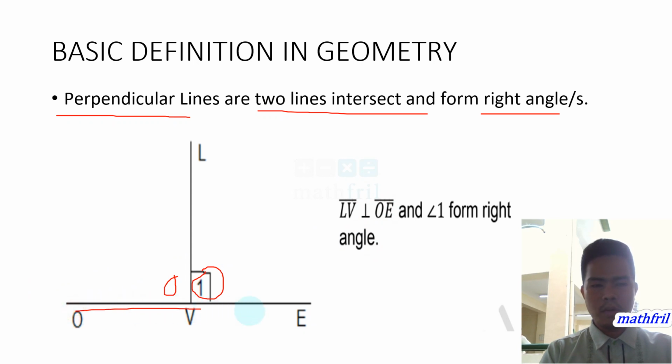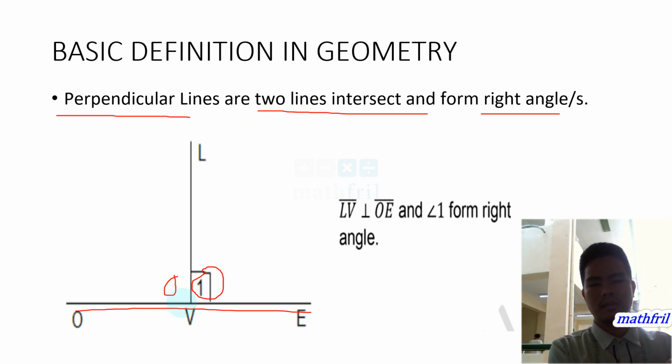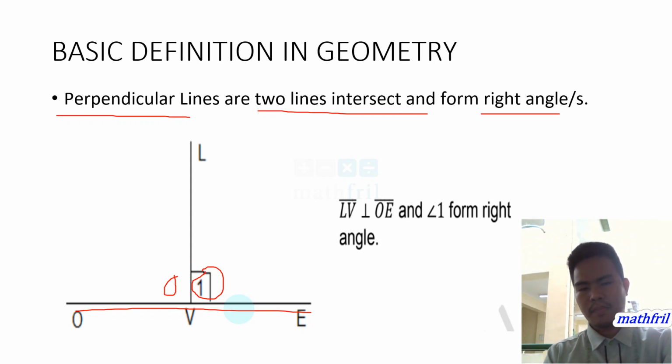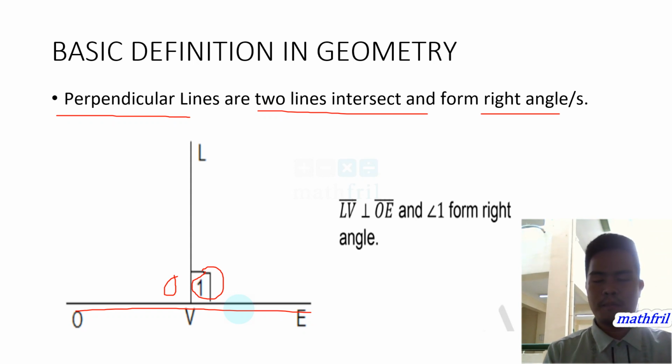LV is vertical, OE is a segment that is horizontal, forming angle 1 as a right angle. That's perpendicular lines. So the vertical LV line segment and the horizontal OE are what we call perpendicular lines. And the formula for perpendicular lines is this one.